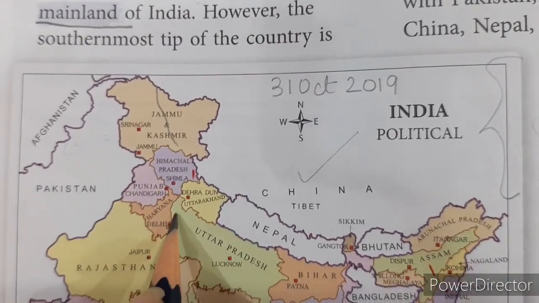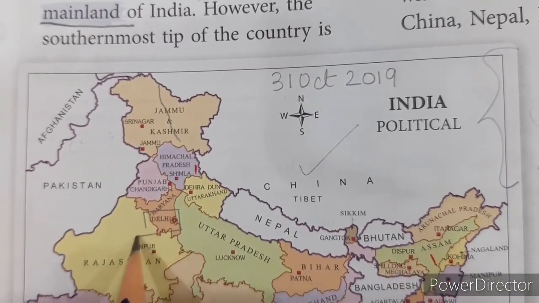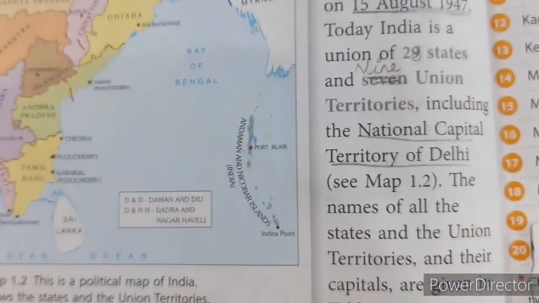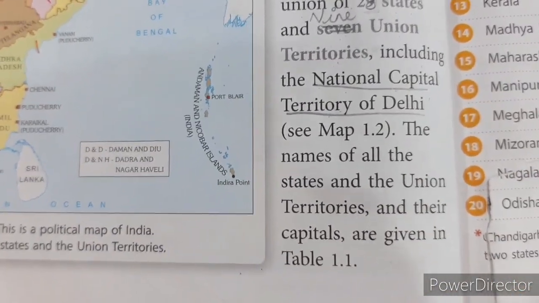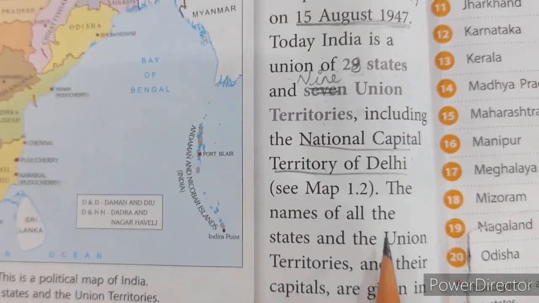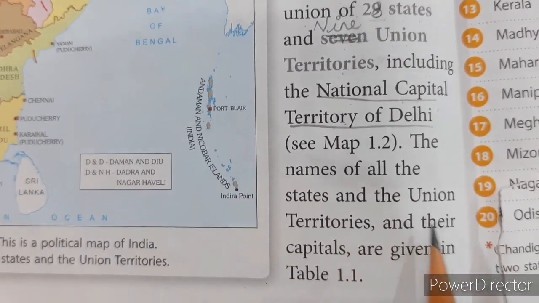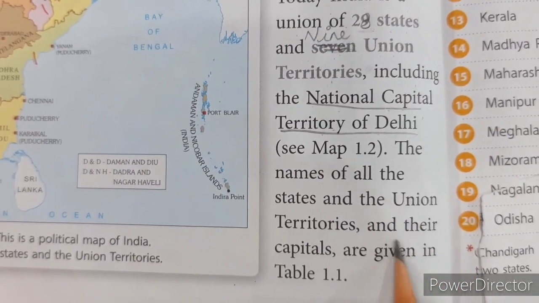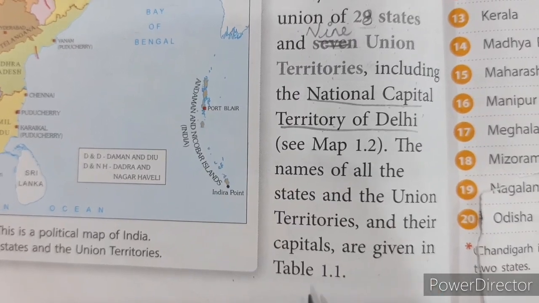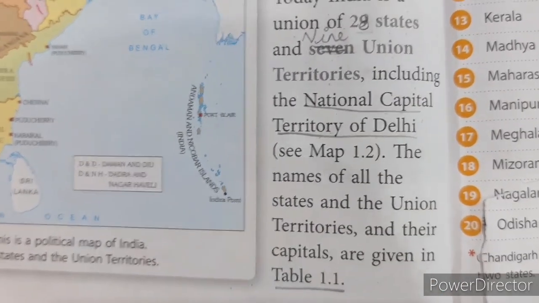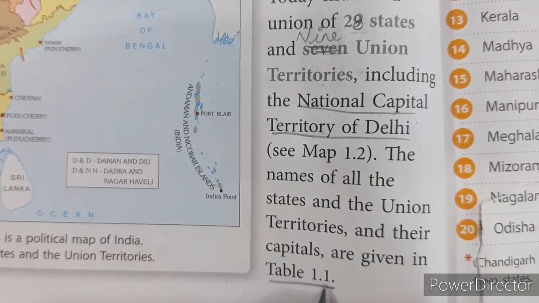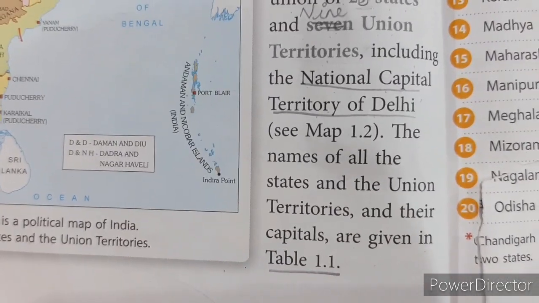Can we all mark Delhi together? Okay, now let's continue. The names of all these states and union territories and their capitals are given in table 1.1. Children, what do you mean by table 1.1?